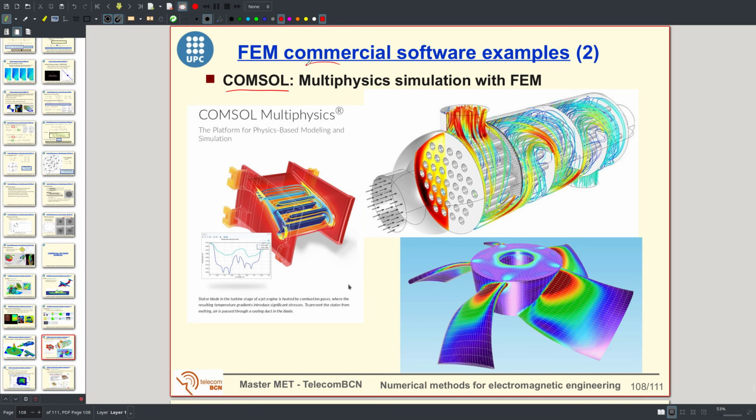It is a multiphysics simulation software that of course has electromagnetic modeling. It uses finite element method, but the nice thing is that it includes multiphysics, so you can integrate electromagnetic simulation with heat transfer, maybe with structural deformation if the piece is moving, whatever. It can do a multiphysics simulation, which is also a very interesting feature.